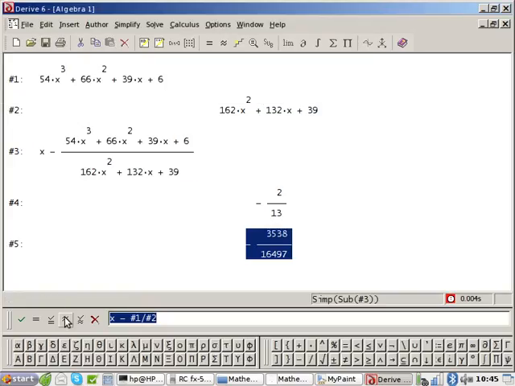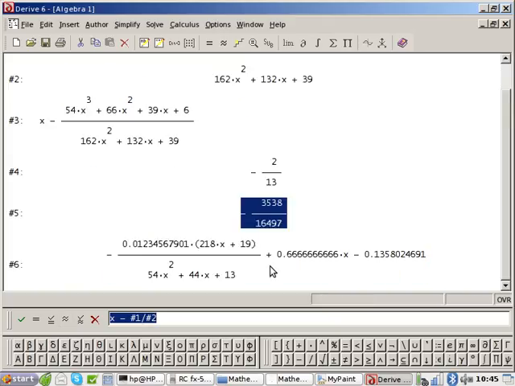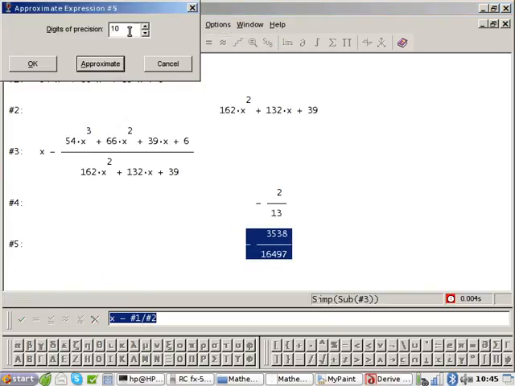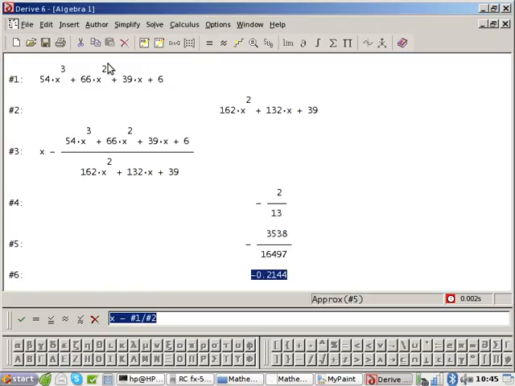And let me just approximate that. We'll say 4 decimal places. And we get this. So that means it was going to. Would you like to know the true answers? I can get the program to give me the true answers. Did you write the first line?